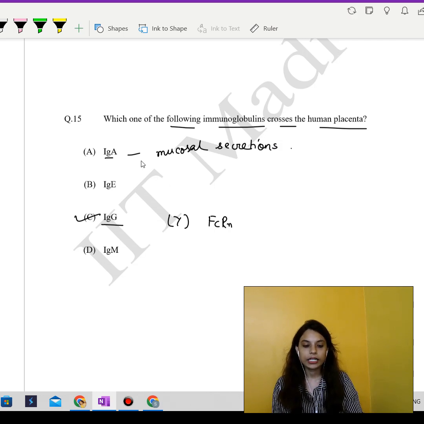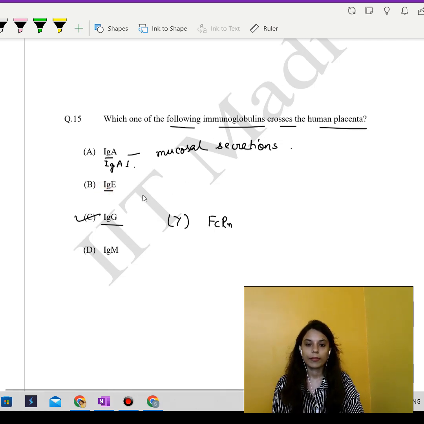Some subclasses of IgA, like IgA1, might exhibit limited placental transfer, but the magnitude is negligible compared to IgG. Let's come to IgE. IgE is primarily involved in allergic responses and not known to significantly cross the placenta. IgM is too large and structurally unsuitable for placental transfer.